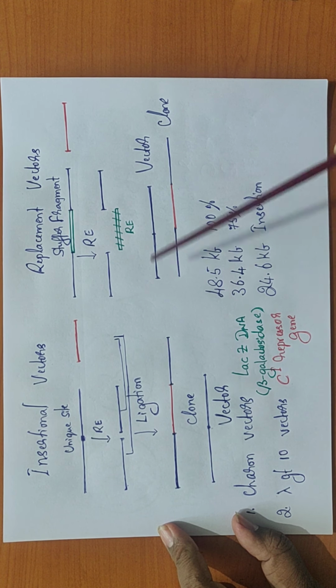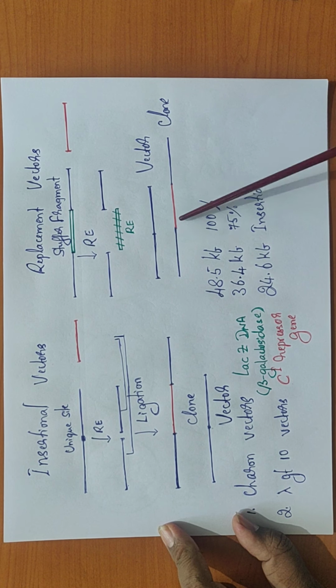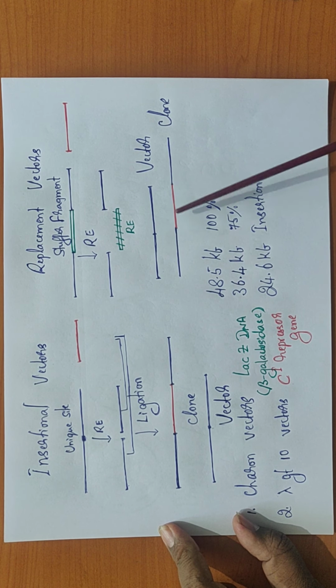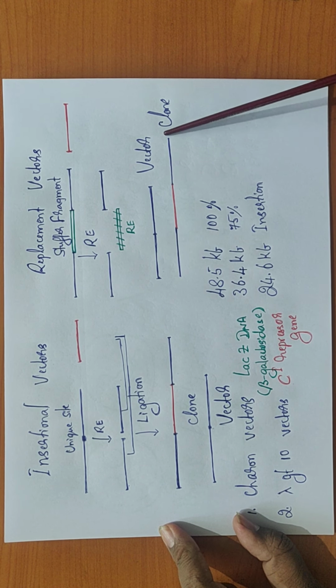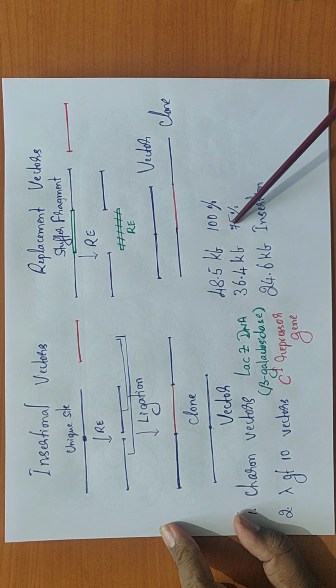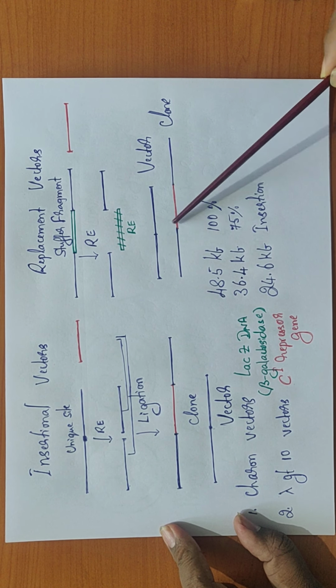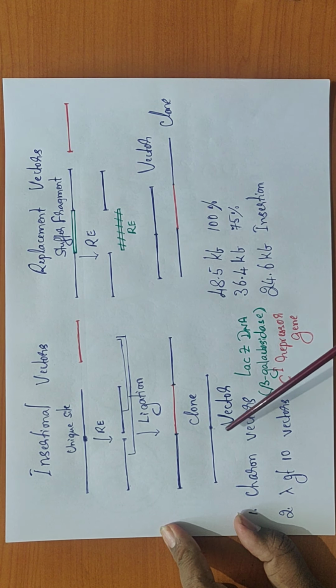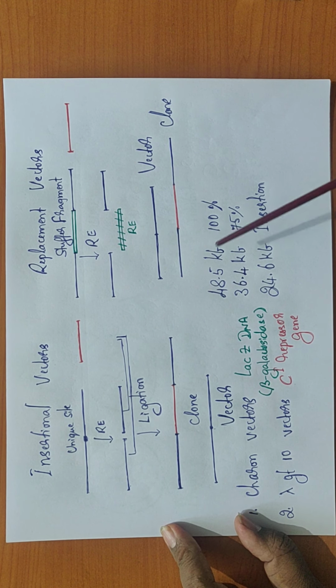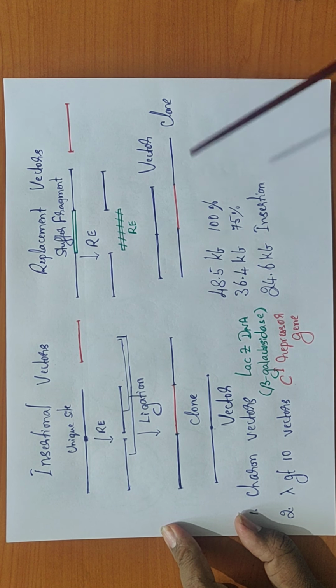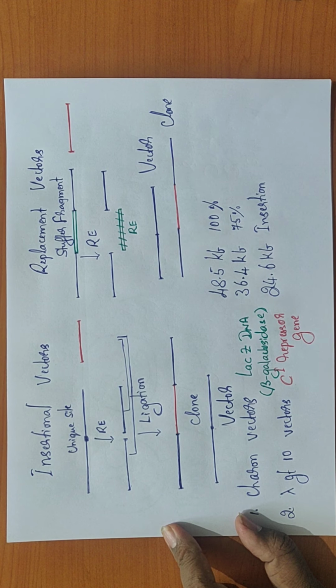Once we insert the DNA, because of the clone, the size is going to be appropriate, between 75% and 100%. It is going to be packaged. As a result, the size selection is critical for the identification of the clone.